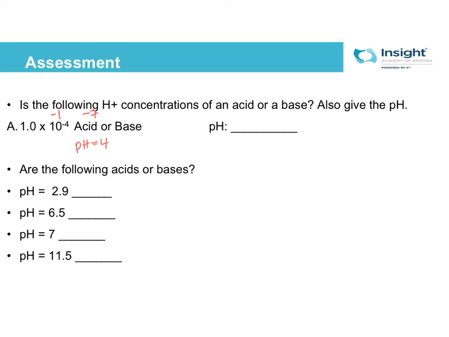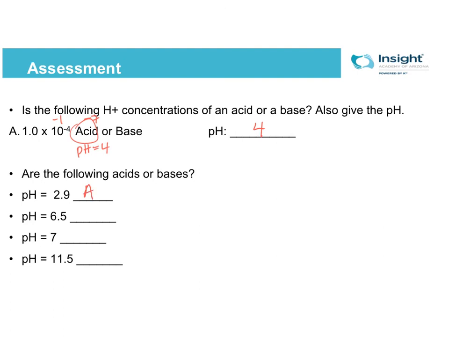So either way, it's going to be an acid and a pH of 4. And then identify the following as acids or bases. So give this one a shot. Anything less than 7 is an acid, greater than 7 is a base. And 7 should be neutral.